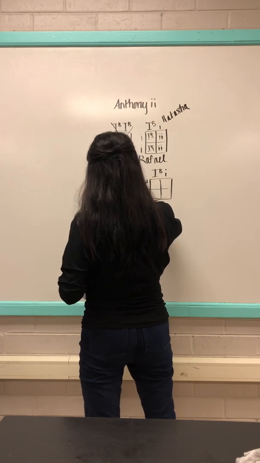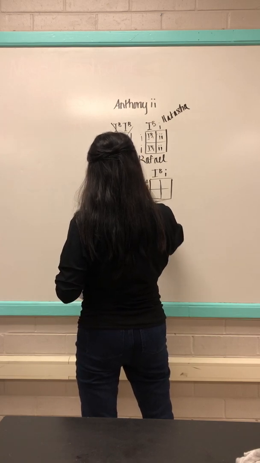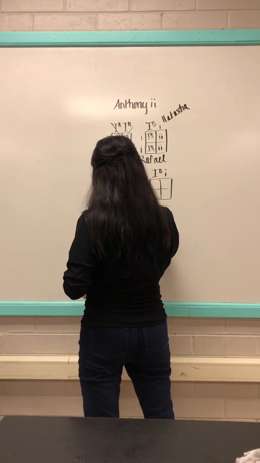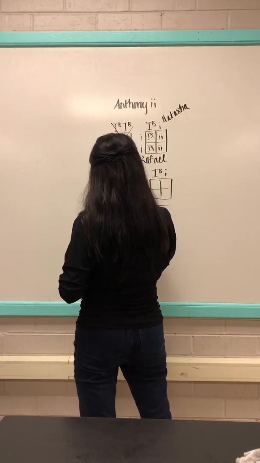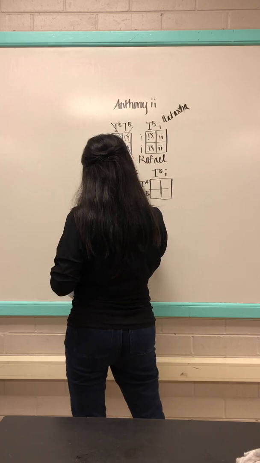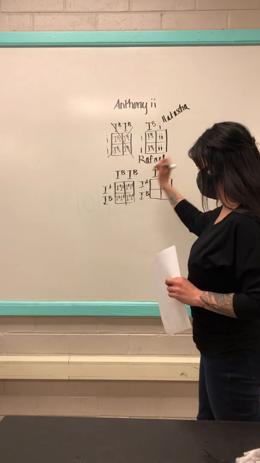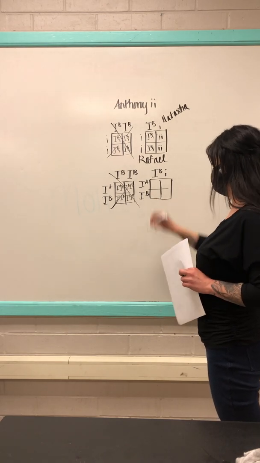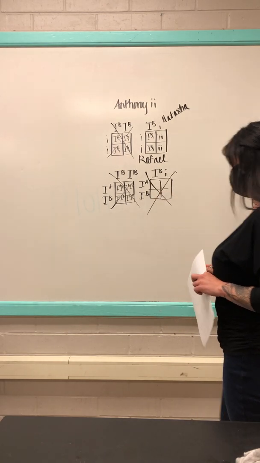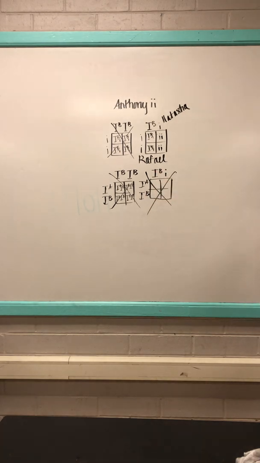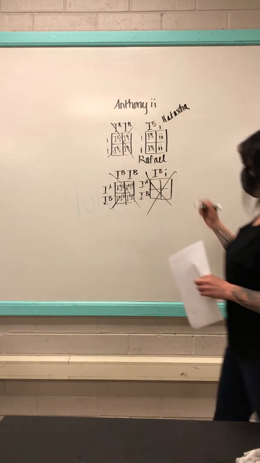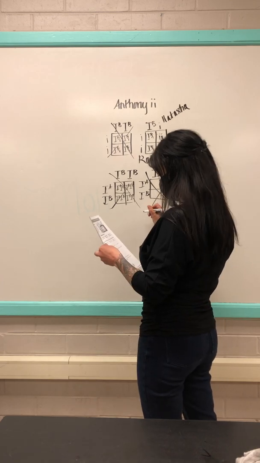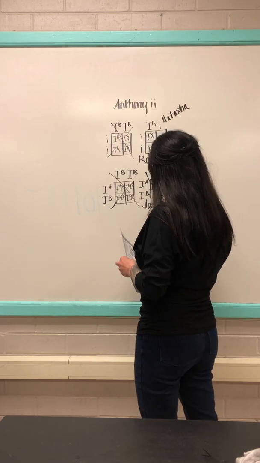Wait, no, that's IB, IA, these are IB. This is IB, IB. Okay, so we know it can't be that one. Could it be this one? No. I'm not doing all those steps because there's no recessive in there. So this is Natasha and that was Joshua. So it can't be them.